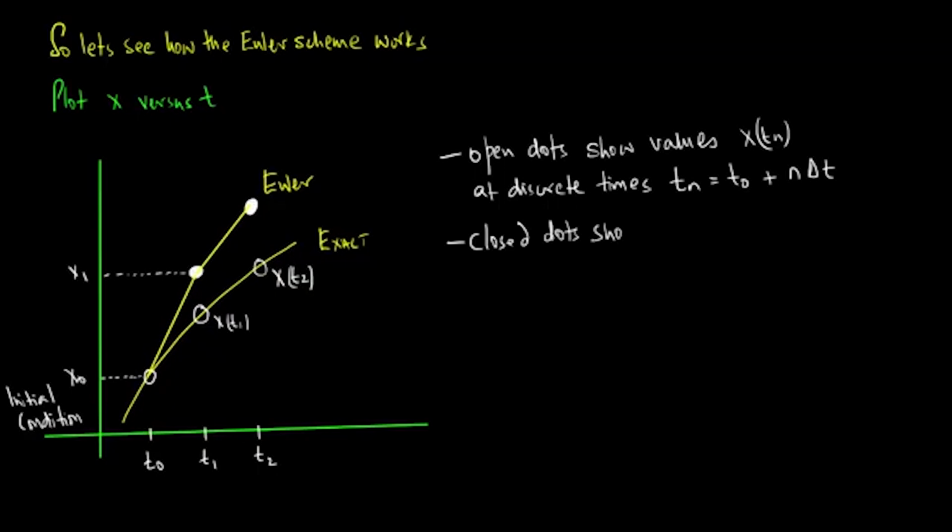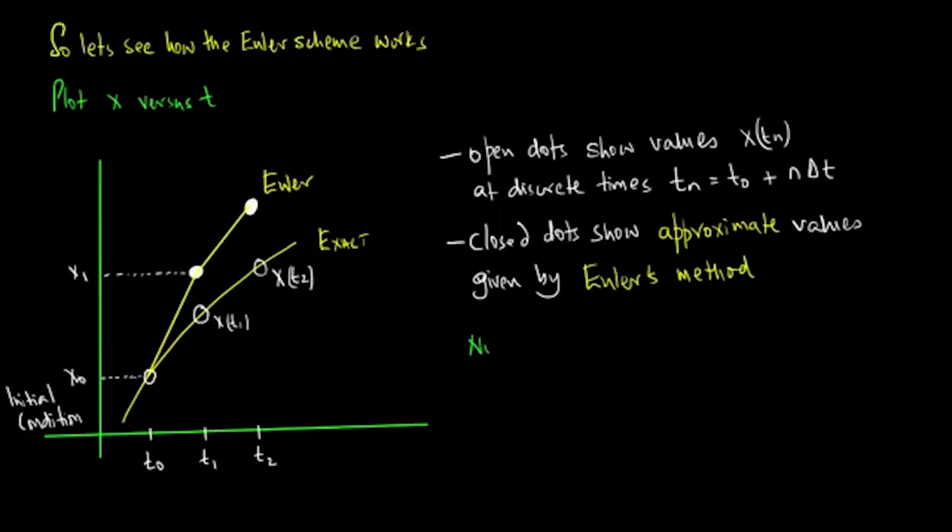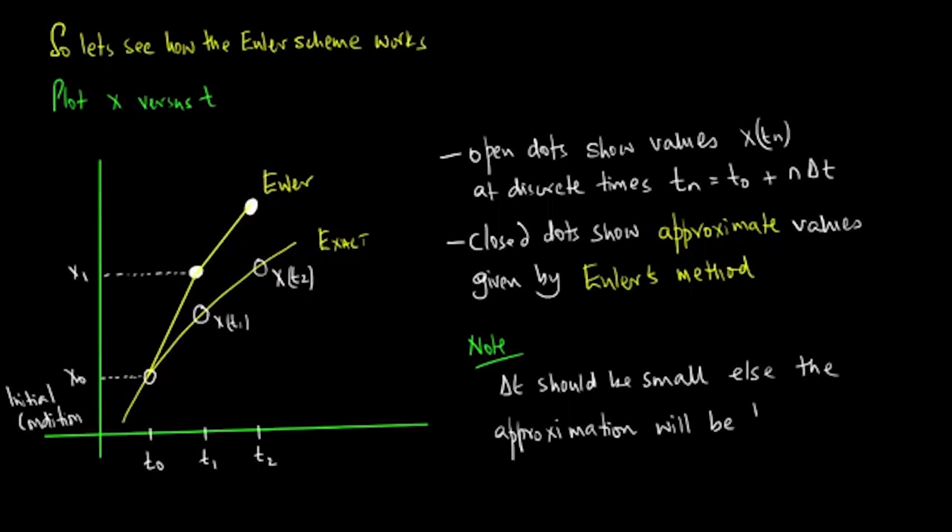The closed dots show approximate values given by Euler's method. Note that delta t should be small, else the approximation will actually be bad. So here's a simple-minded representation of Euler's numerical scheme for approximating the solution of a differential equation.